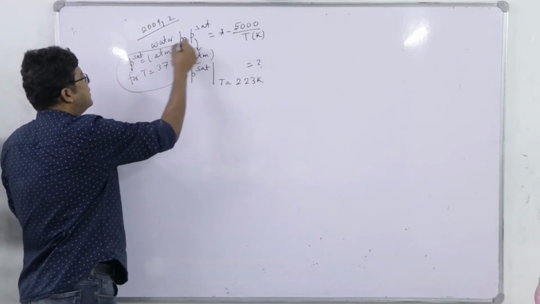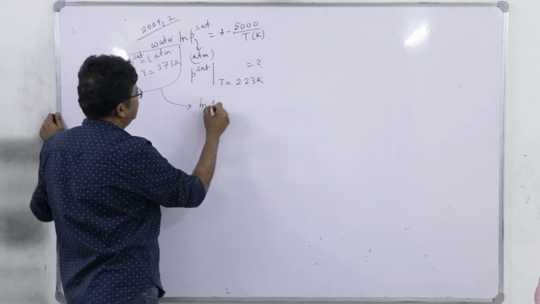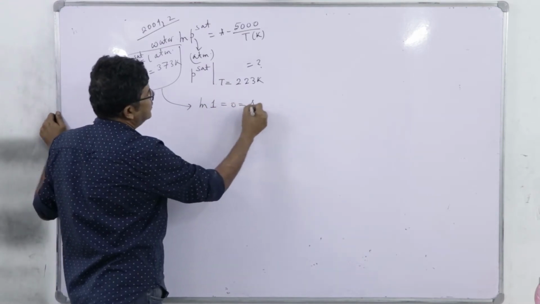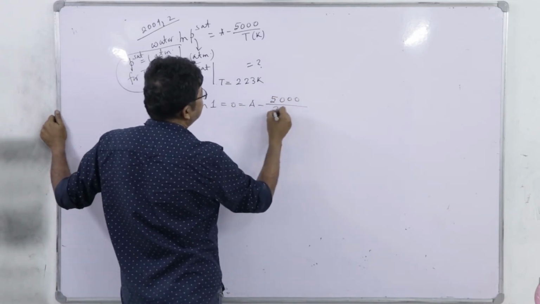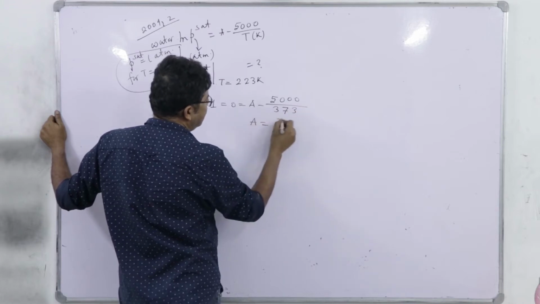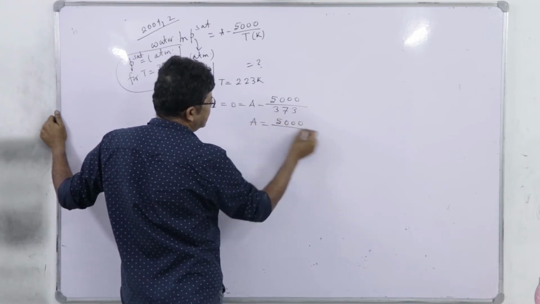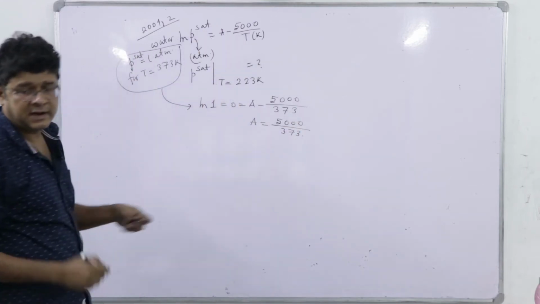So this data is to be used to calculate A. So ln of 1, which is 0, equal to A minus 5000 divided by 373. So A will be 5000 divided by 373. So the rest, you substitute the value of A and get the answer.